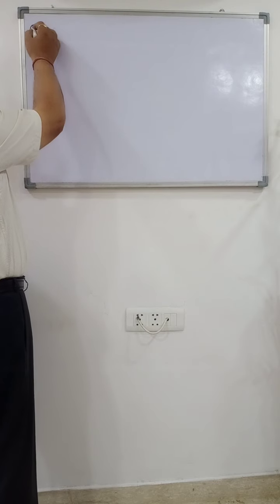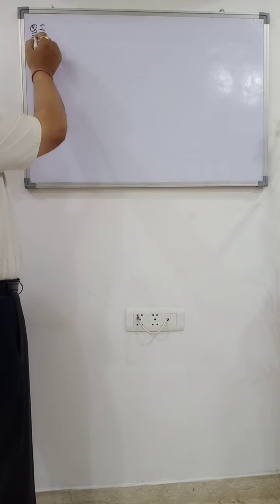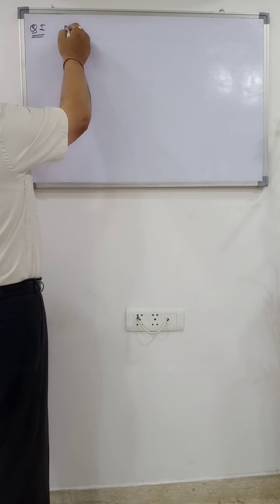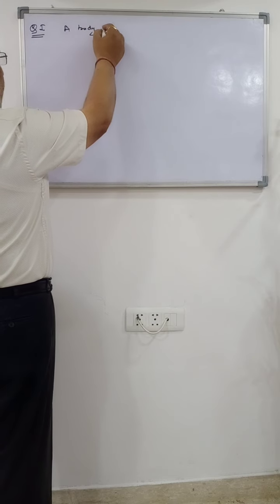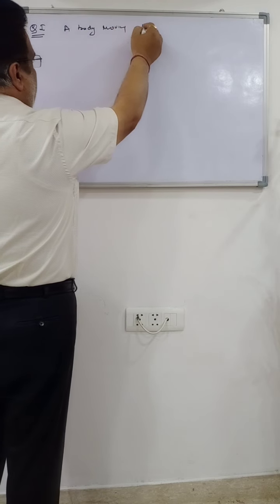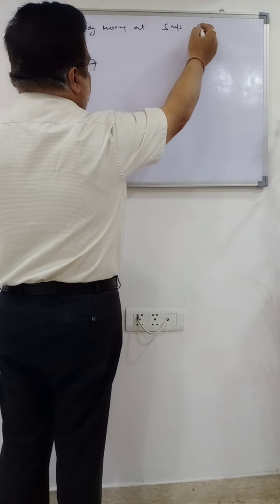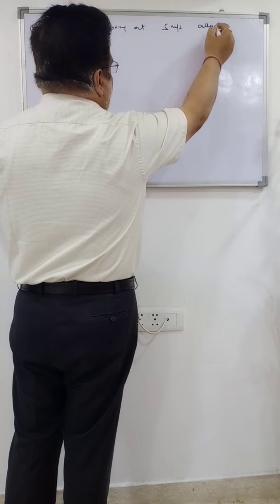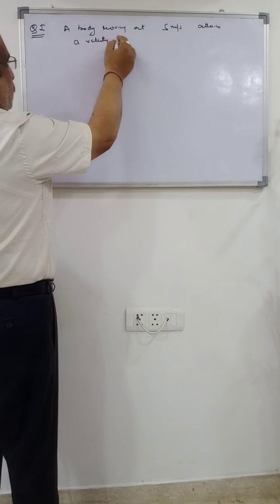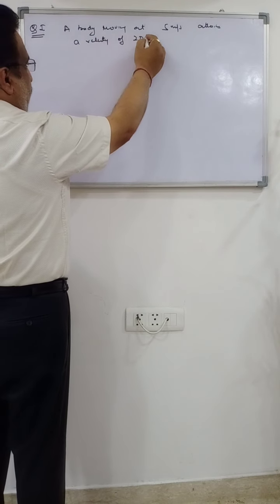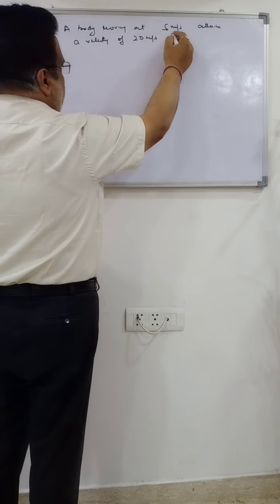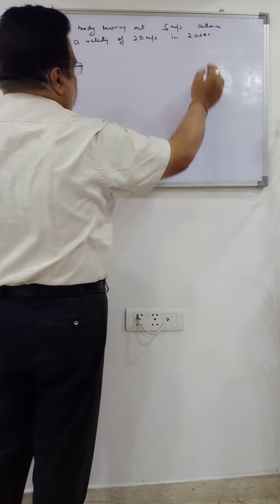Question number 1 for today: a body moving at 5 meters per second attains a velocity of 20 meters per second in 20 seconds.